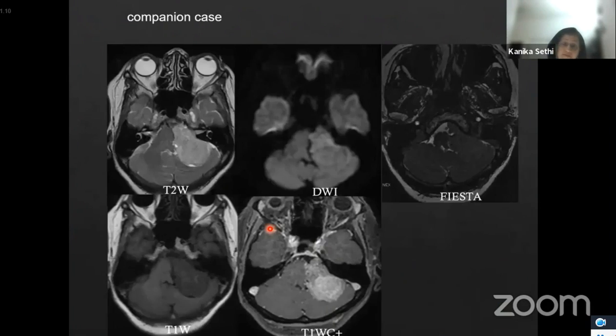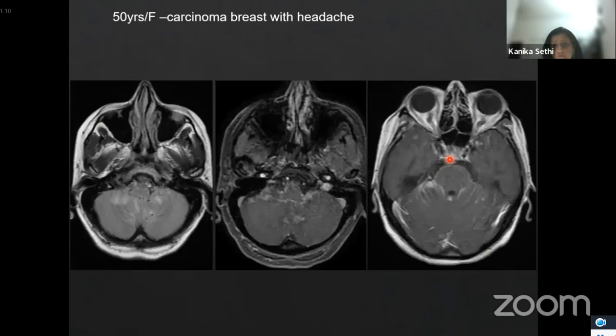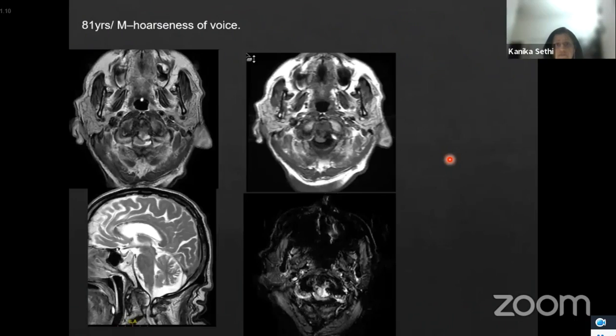You can have other lesions like a meningioma, which is involving the CP angle or cerebellomedullary cistern, which can compress the lower cranial nerves. So that's an example of a meningioma. It is compressing the left half of the medulla. You can have infections, you can have metastasis involving the cisternal segments of the nerves.